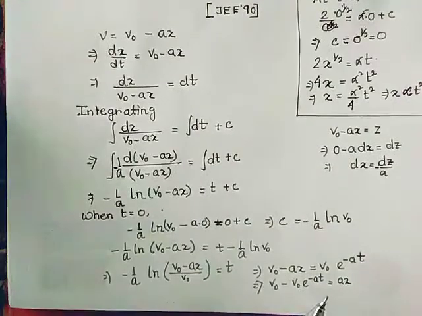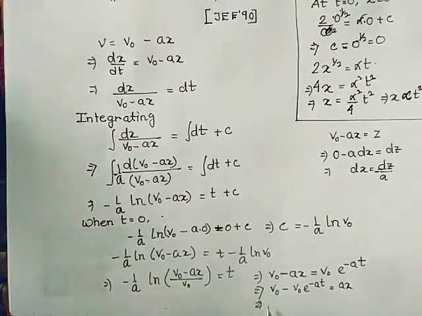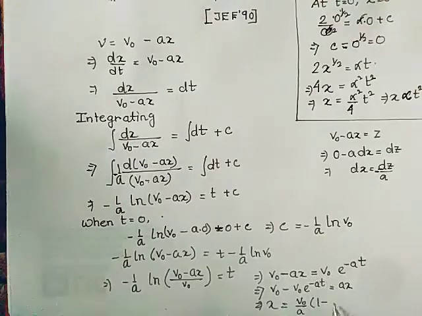So x is equal to v naught divided by a, times 1 minus e to the power of minus at. So this is the equation of x.